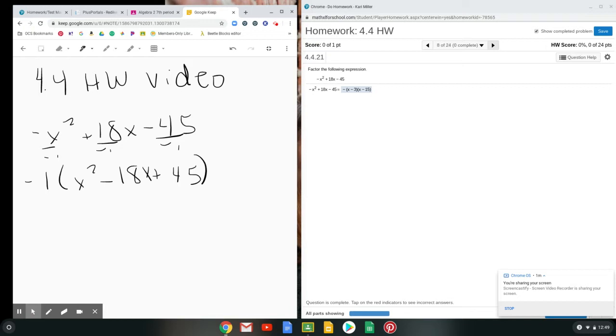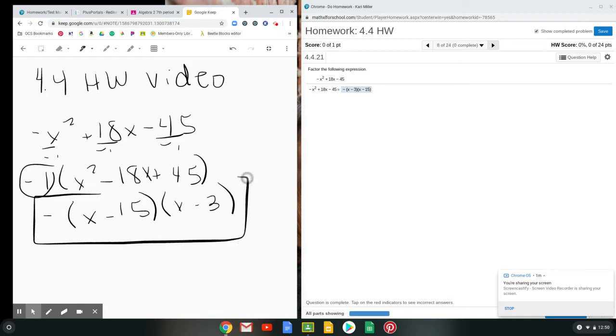Now we're looking for the factors of 45 that add up to be 18, and that is x minus 15, x minus 3. When we bring down the -1, just bring it down as a negative sign. Okay, so that's number 8.